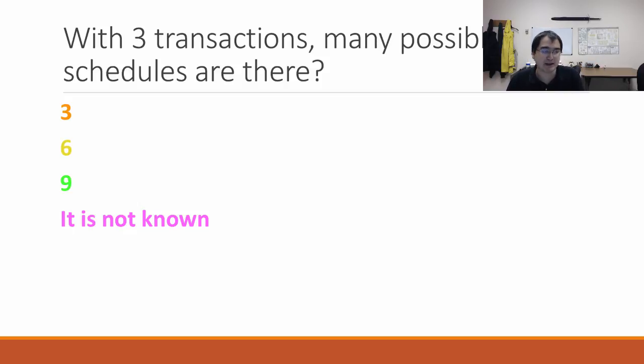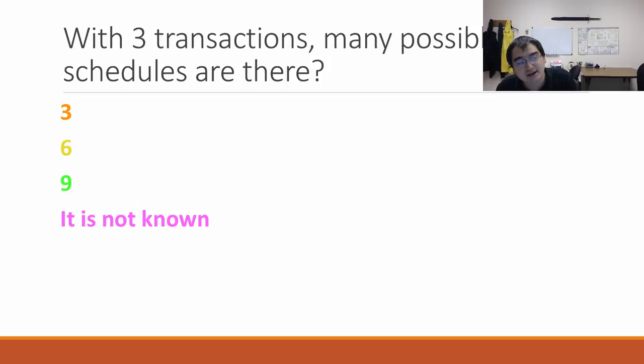Well, it can either be A, B, or C. And then how many options do you have for your second transaction? Well, it has to be one of those other 2. And how many options do you have for your last one? Well, there's only 1 left, so it has to be that one. So that's 3 times 2 times 1, that's 6. It's how many permutations there are of the 3 serial schedules. So the correct answer here is 6, the second answer here.